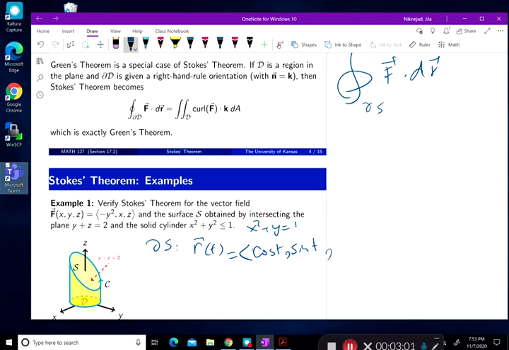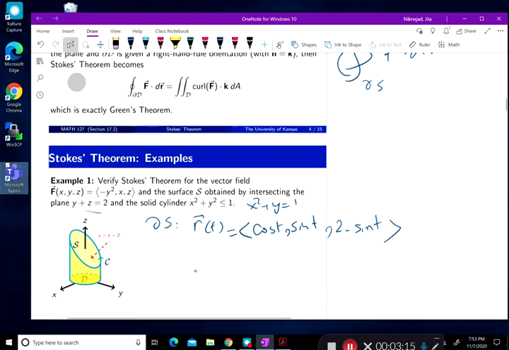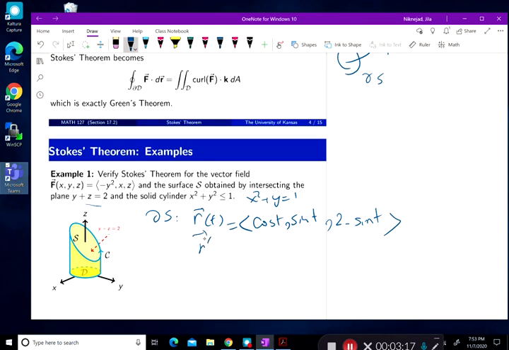And then find z by solving here, and that would be 2 minus y, and y is sine t. So this is the parameterization. Then find r'(t), and that is (-sin t, cos t, -cos t).